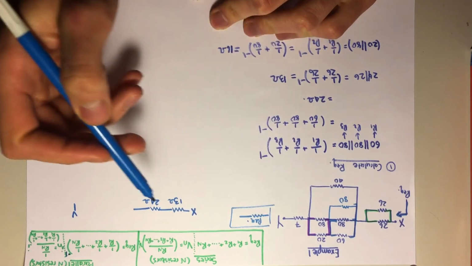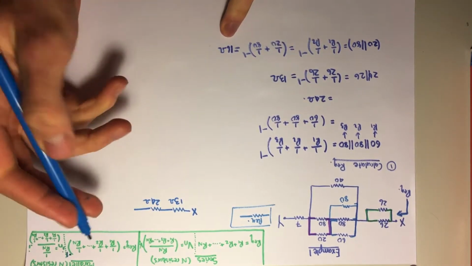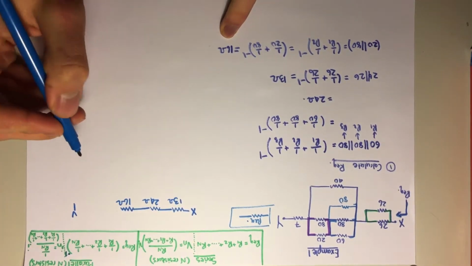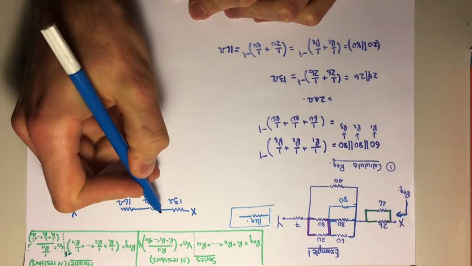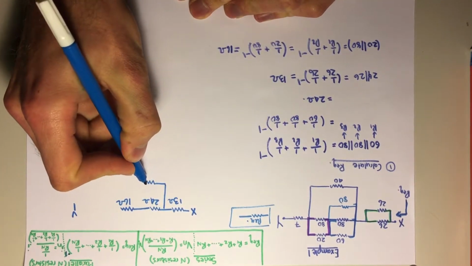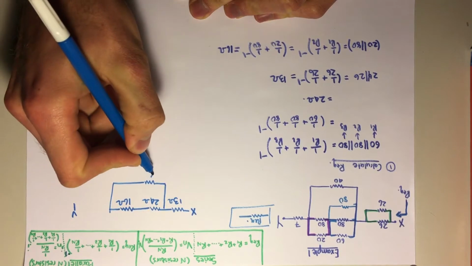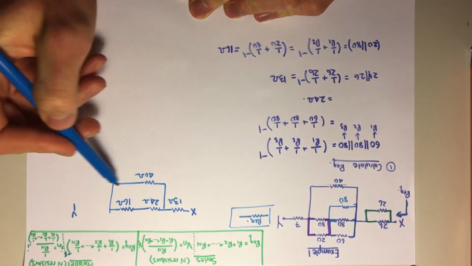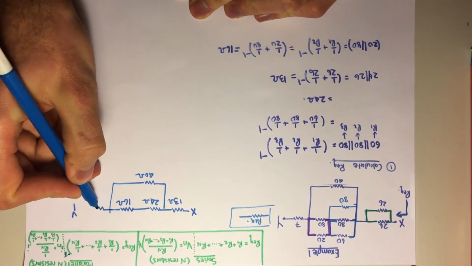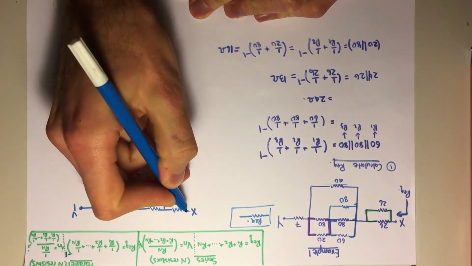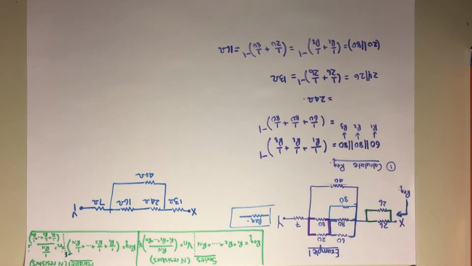This 20 and the 80 gave us 16 ohms. And don't forget that this part is still parallel to 40 ohms. From there, you can see it connects to the same nodes. And we have this 7 ohm resistor in series with that. Okay, so there's our equivalent circuit so far.